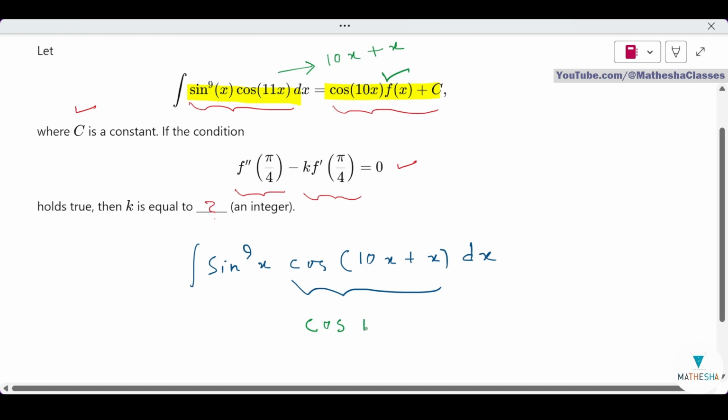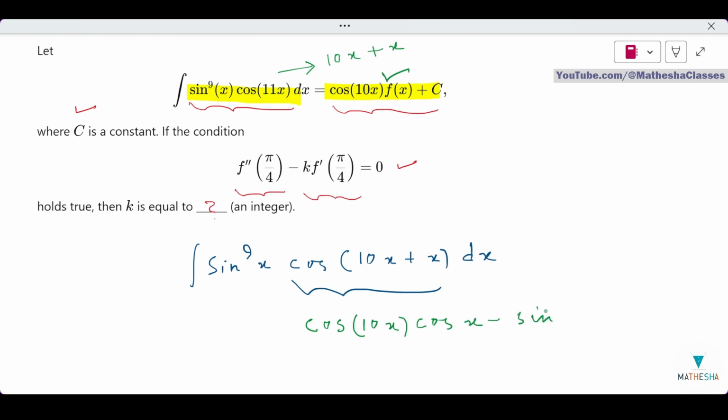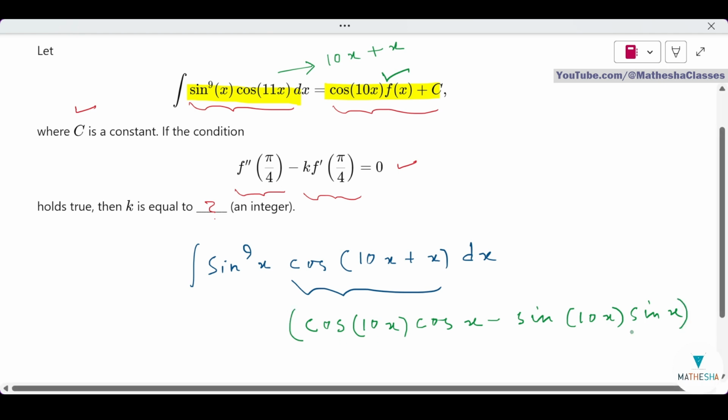So cos a cos b minus sin a sin b, and we have to multiply that with sine to the power 9x and integrate that.